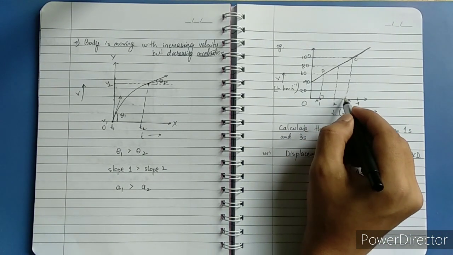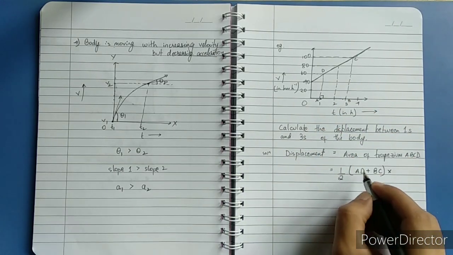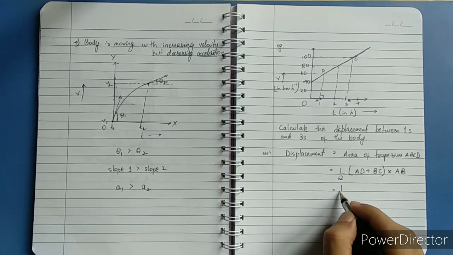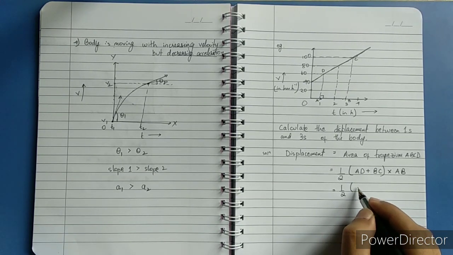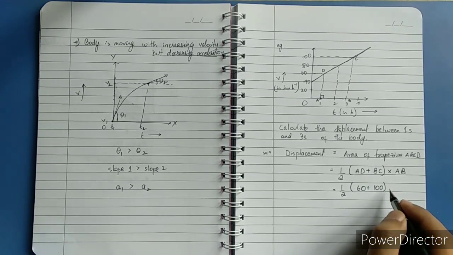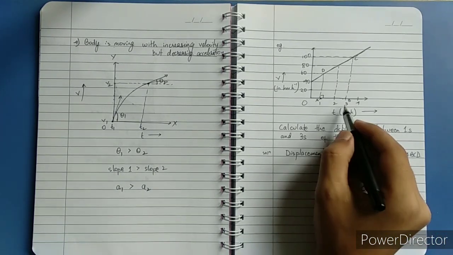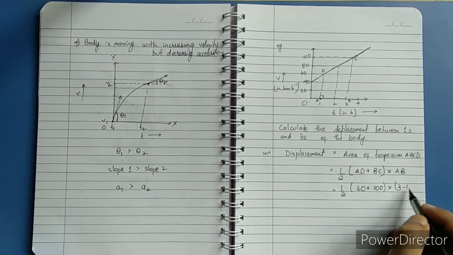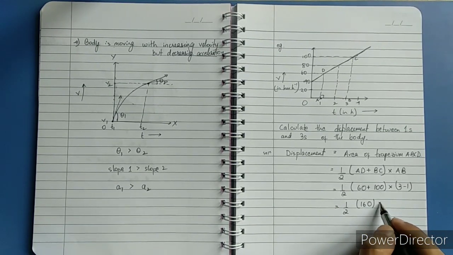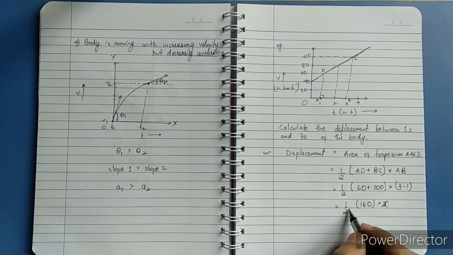The distance between them means the perpendicular distance. So that is AB. So this is equal to half into AD, which is 60, plus BC, which is 100, into AB, which is 3 minus 1, which is equal to half into 160 into 2. So 2 and 2 cancel off.